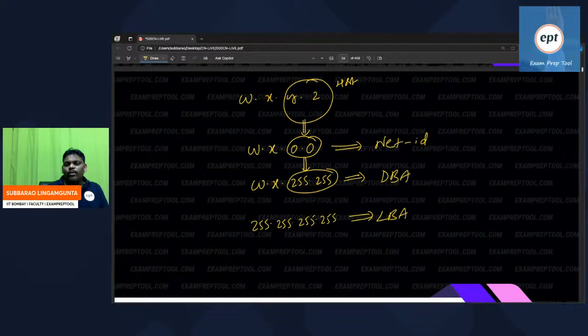Are you comfortable? Whether you use it or not, every network has a DBA, every network has a net ID, every network has an LBA.